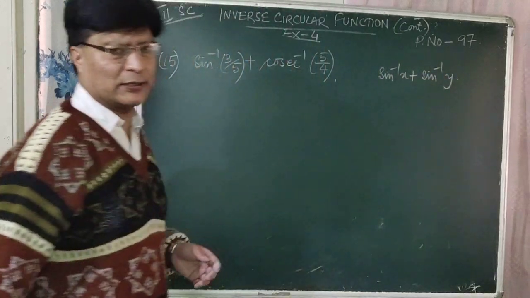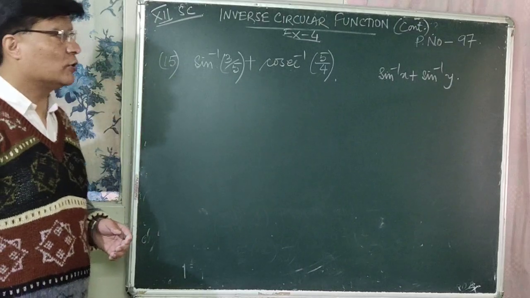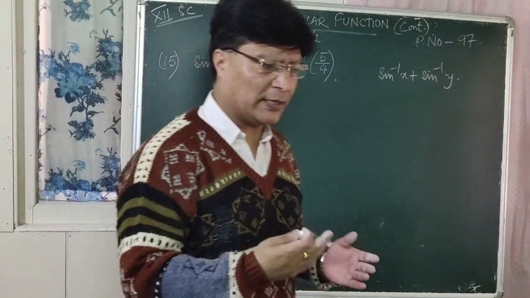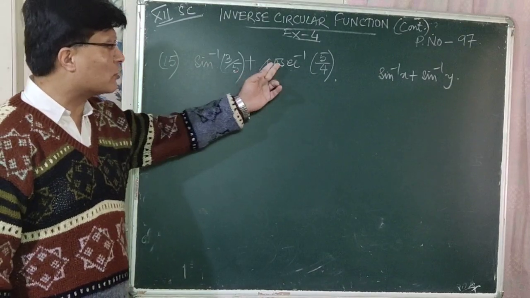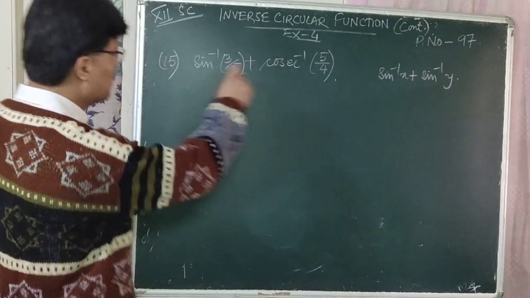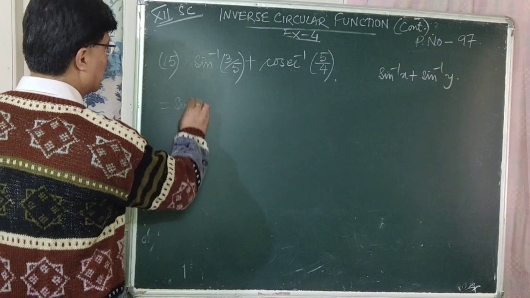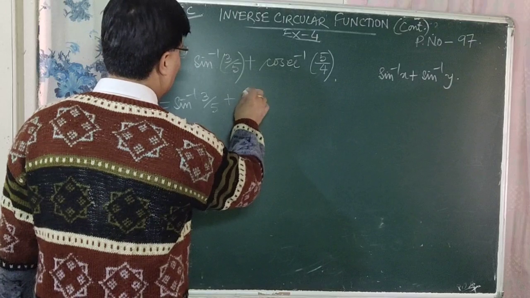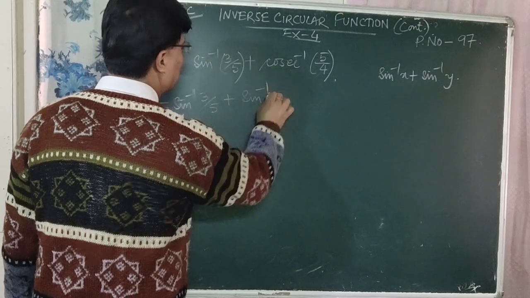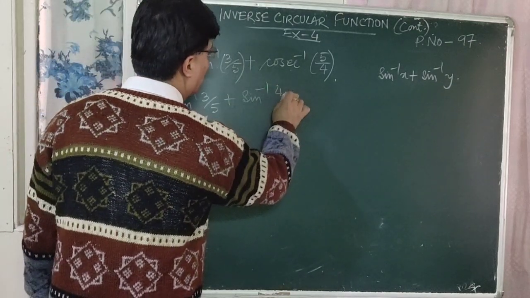You know this formula, isn't it? So you should learn all these formulas. If you convert this cosec inverse into sin inverse, it is sin inverse 3 by 5, then cosec inverse in terms of sin inverse is sin inverse 4 by 5.